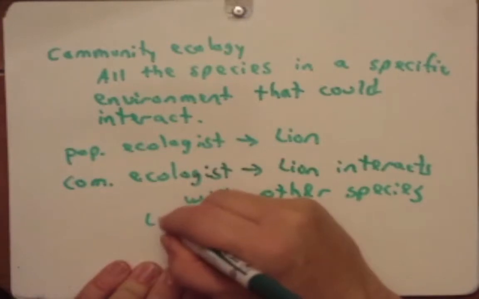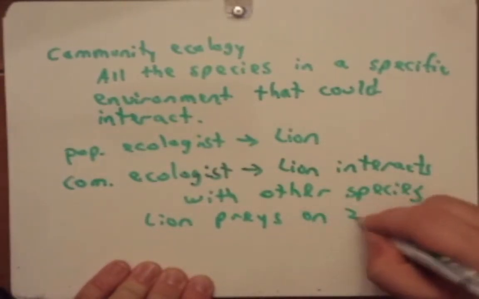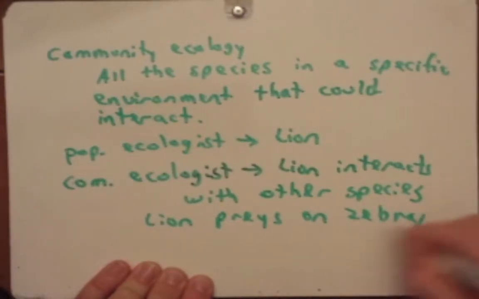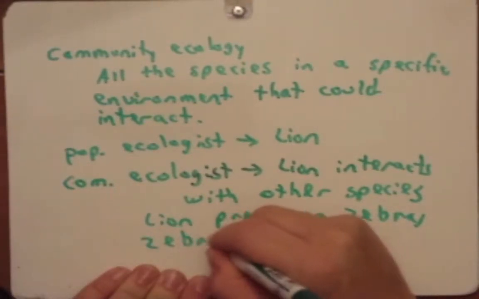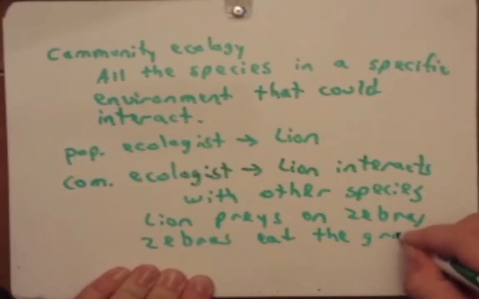So things like the lion preys on the zebras, and that zebras eat the grass. We'll talk about this in a bit.